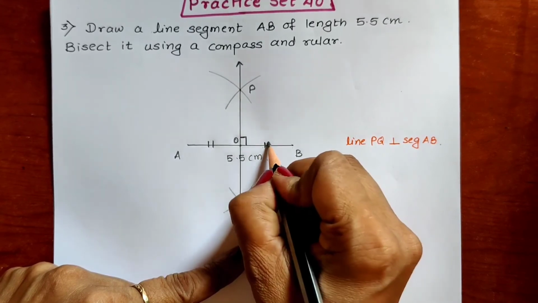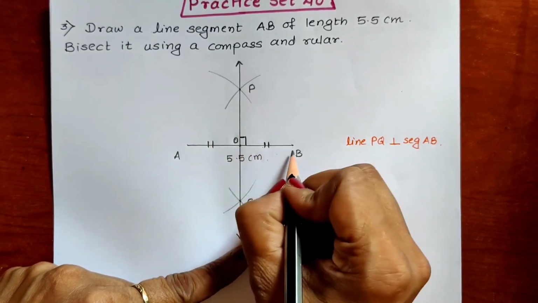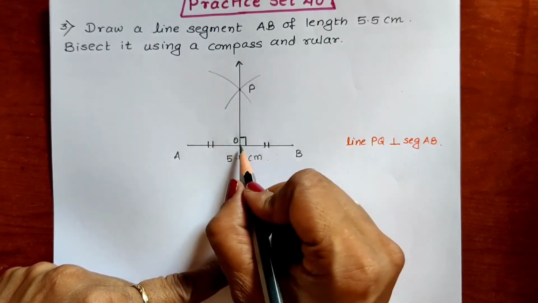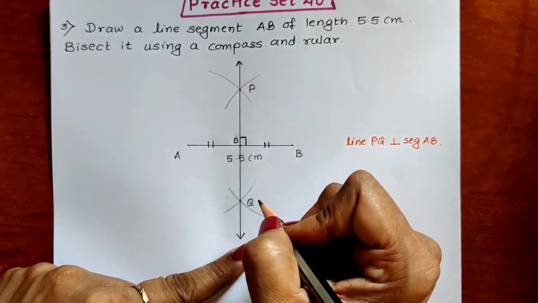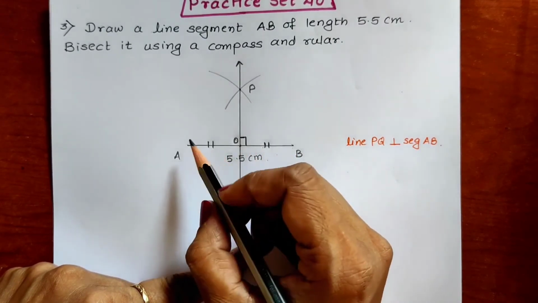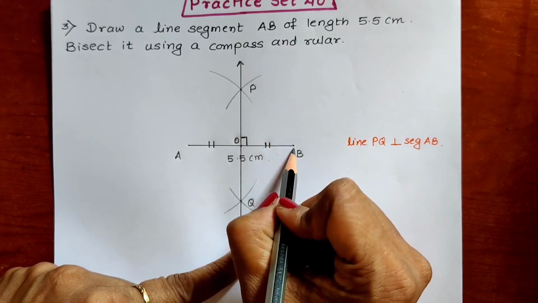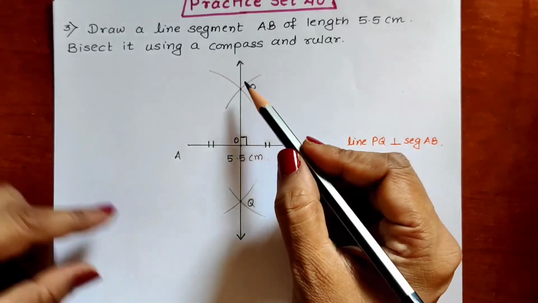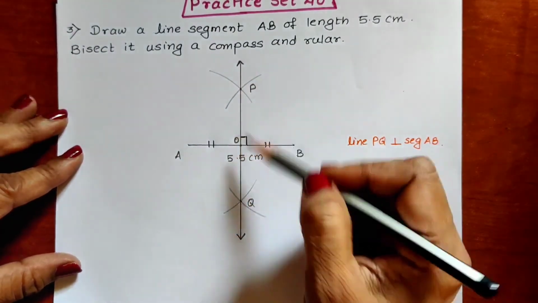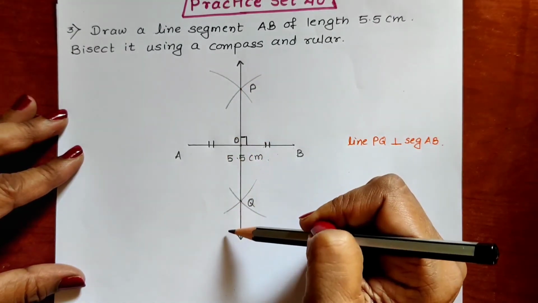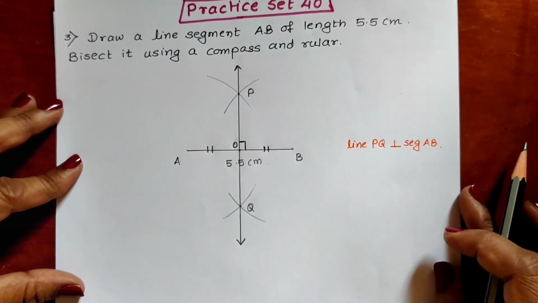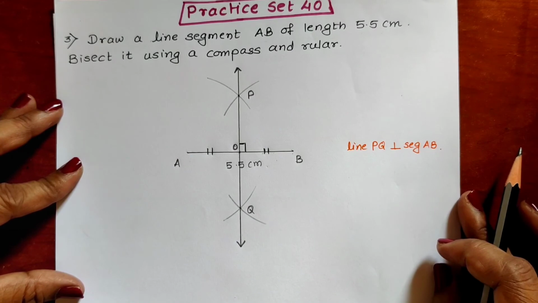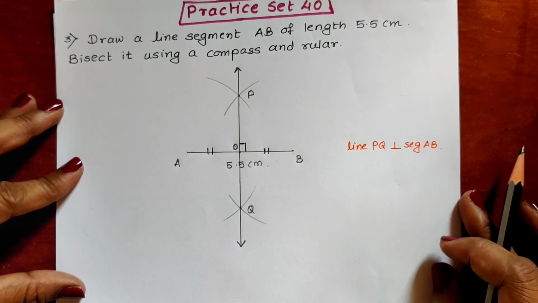Why have I given these 2 same lines on these 2 sides? Because AO and BO are equal, and that's why we can say that this segment AB is bisected due to this perpendicular, and that's why this perpendicular line is also known as bisector. So line PQ is perpendicular bisector.